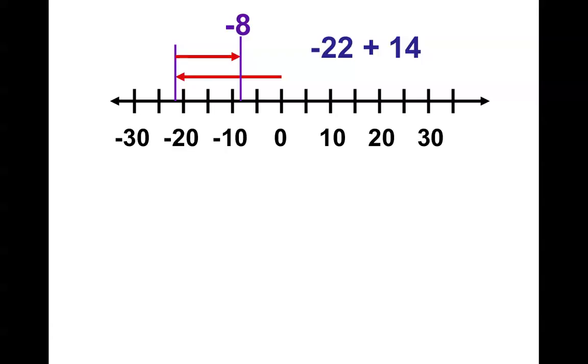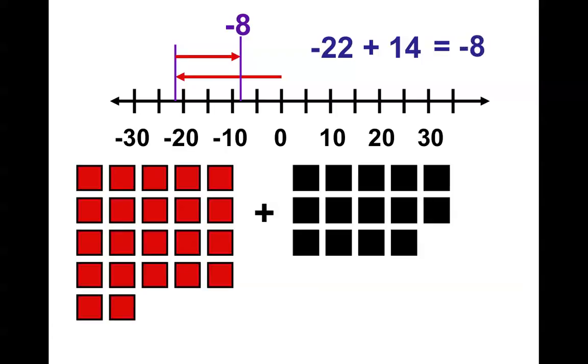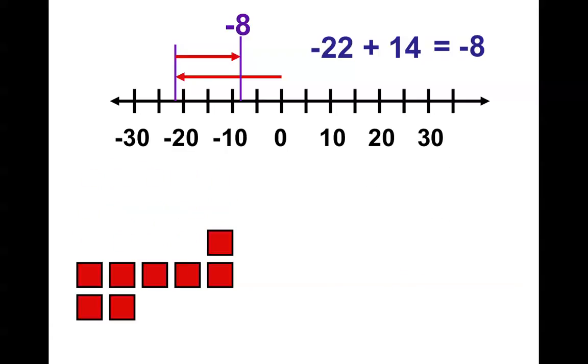We end up getting -8 for our answer. If you look at the blocks, please check this out. This took forever. But I can simply take away all the blacks and all the reds to create a zero pair. And if you count properly, you have 1, 2, 3, 4, 5, 6, 7, 8 red blocks, or -8 for an answer.